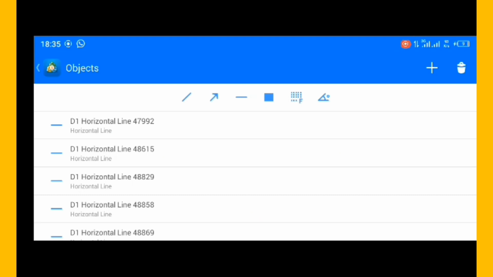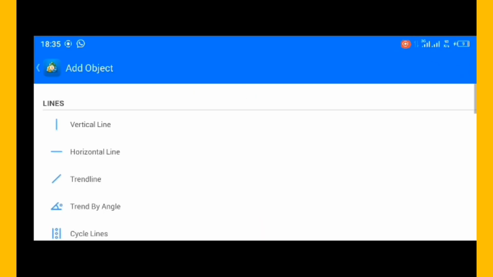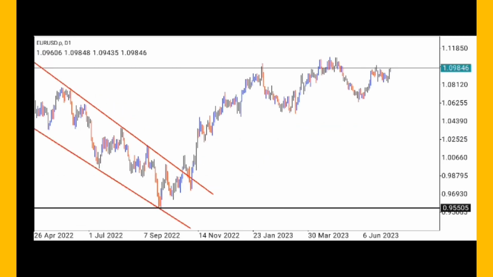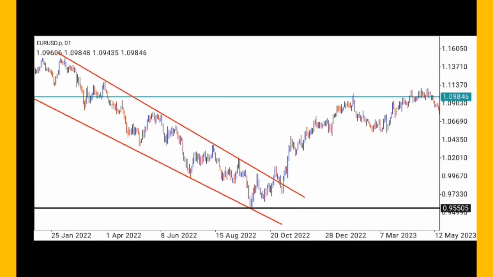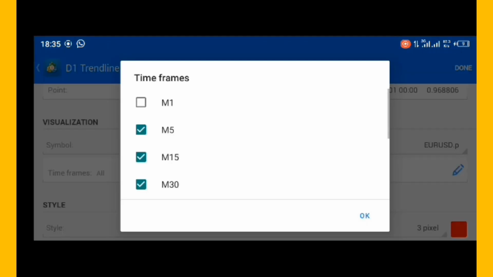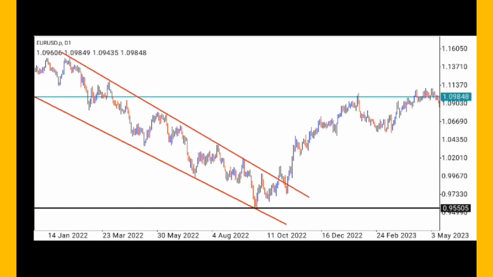So let's do this, guys. Okay, I'm just marking my trend lines and my key zones, key levels, key psychological levels, where price is most likely to reverse. So let's get a look.